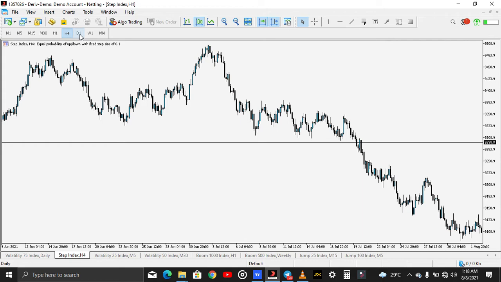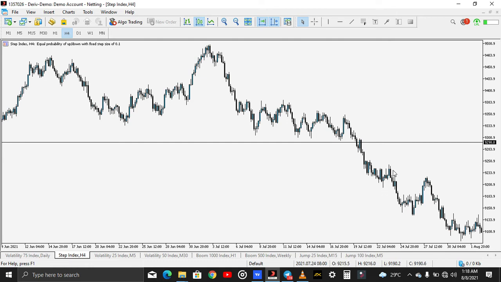Alright, so how do you identify a trend? The market can either be in a downtrend or in an uptrend. When the market is in a downtrend, it will be creating a series of lower lows and lower highs.